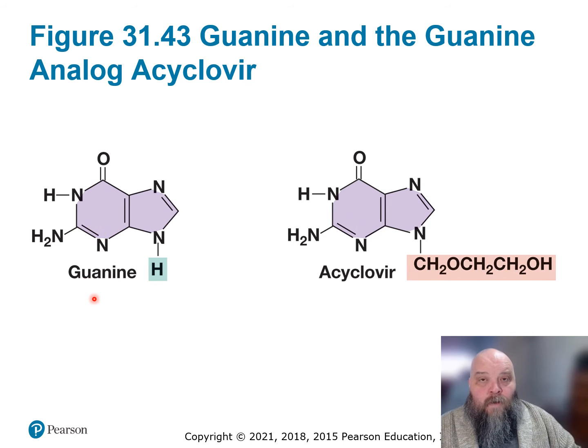Where they insert the normal guanine from your cell, no big deal. When they insert this nucleoside analog, DNA replication stops right there. Boom. Because of this. This interferes with DNA replication. This interferes with transcription and translation.